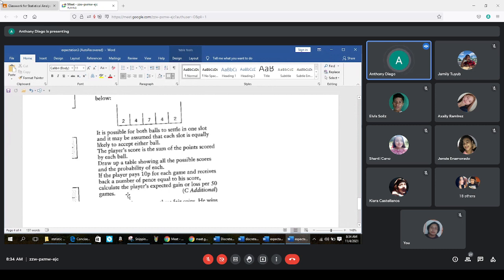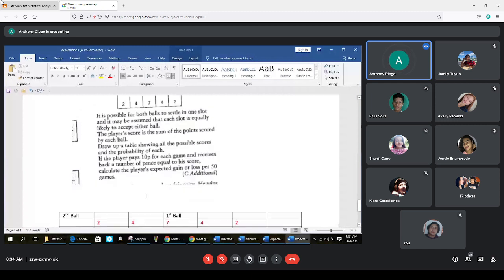Now the last problem is asking here, if the player pays 10 pence for each game and receives back a number of pence equal to his score, calculate the player's expected gain or loss for 50 games.